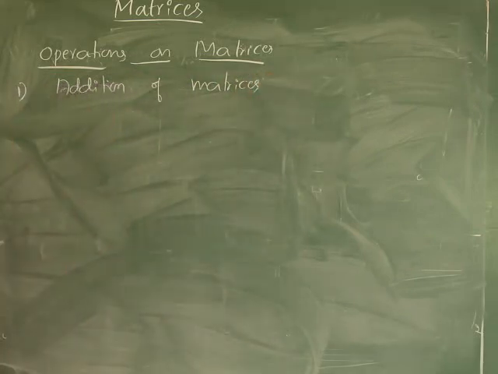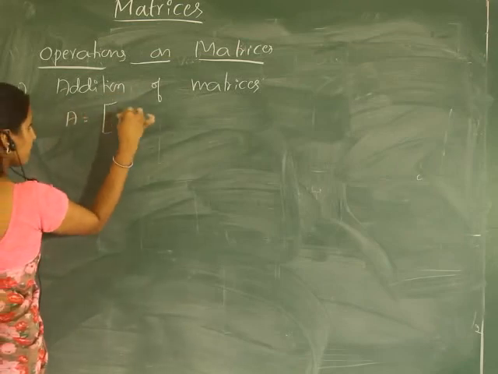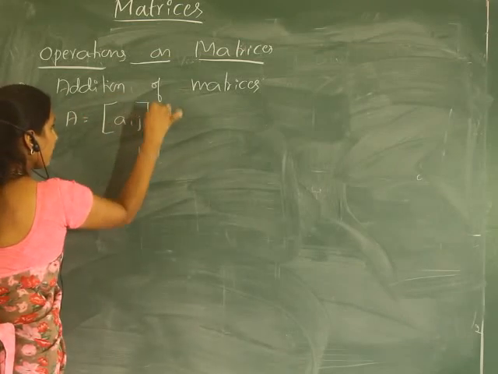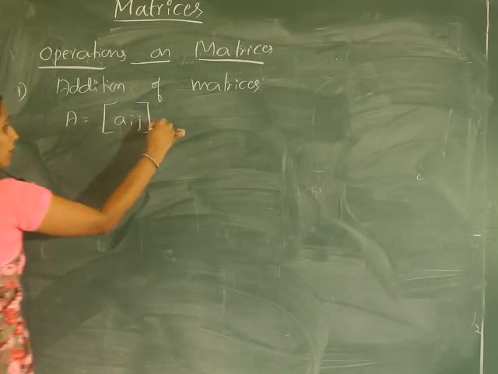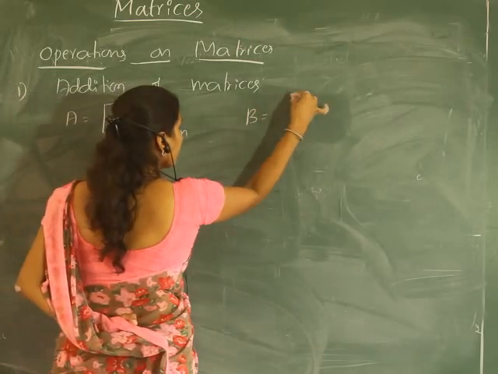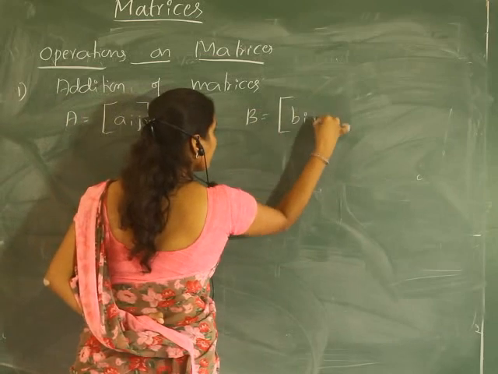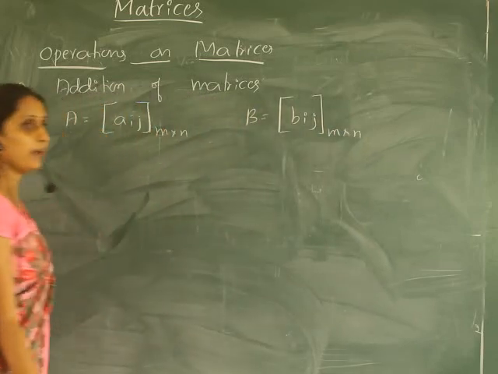Addition of matrices. How to add two matrices? Suppose there are two matrices A = [aij] of order m by n, and B = [bij] of order m by n.